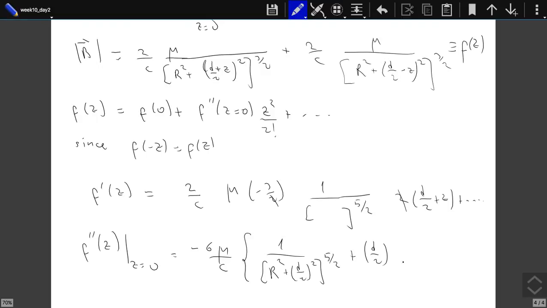Now the derivative of that term is minus 5 halves, 1 over (r squared plus d over 2 squared) to the power 7 over 2, multiplied by twice d over 2.